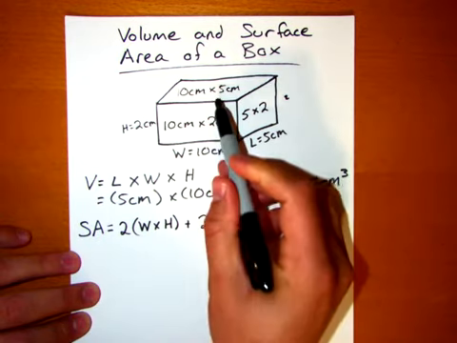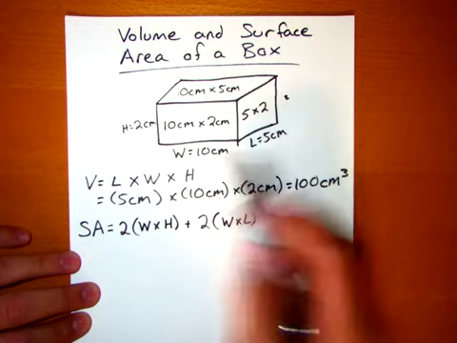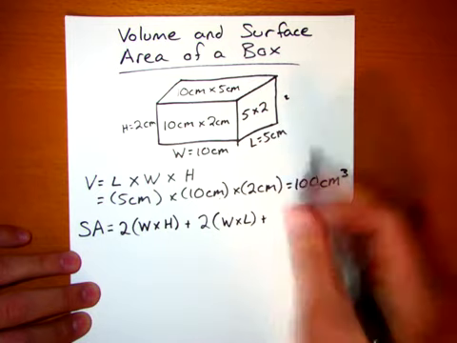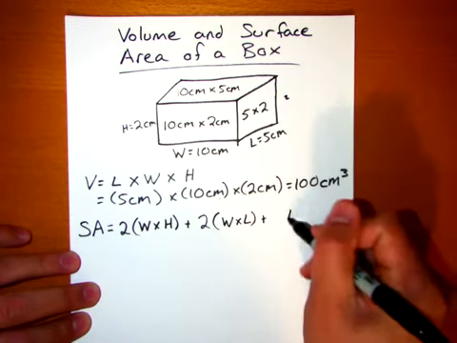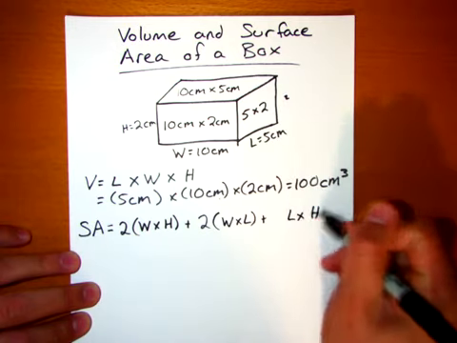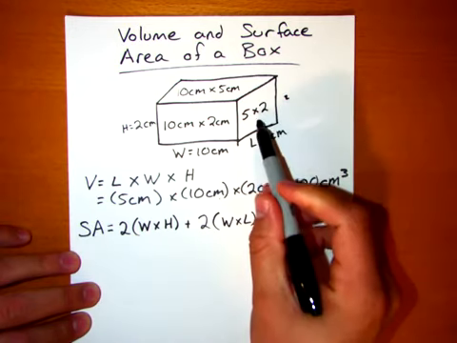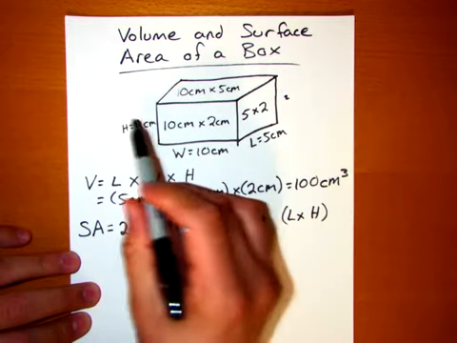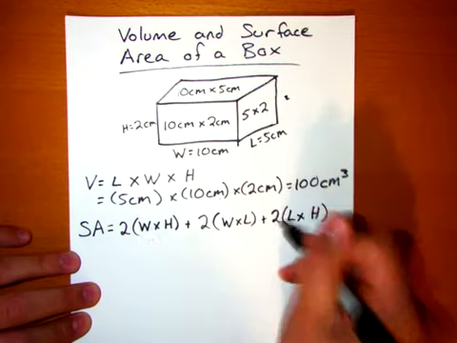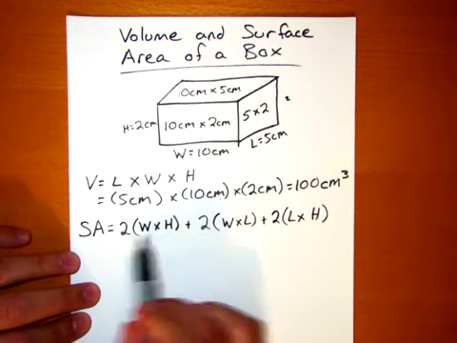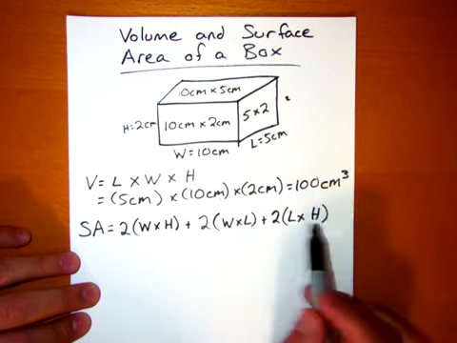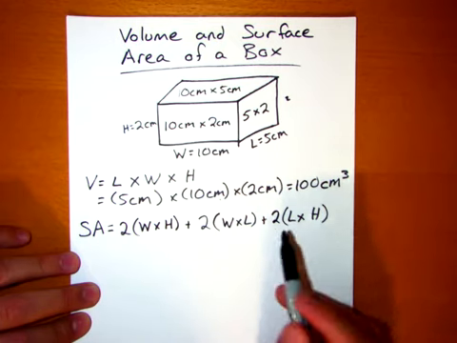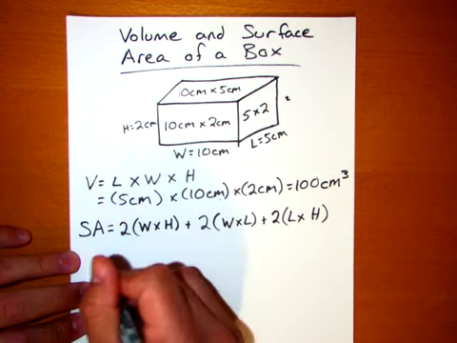And there are 2 of those. There's one on the bottom also, somewhere down here. And then finally there's this face, which is the length times the height. And again, if there's this face here, there's another one just over here somewhere, so there are 2 of them. So this face, and there are 2 of them. This face, and there are 2 of them. This face, and there are 2 of them. So a total of 6 faces on this box.